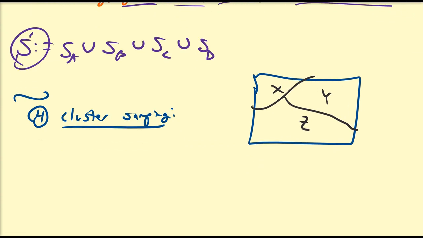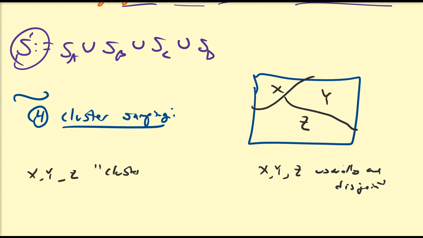So again, let's consider our partition of our population, P, into sets X, Y, and Z. So here, X, Y, and Z usually are disjoint. They usually are disjoint. And we call X, Y, and Z clusters, right?